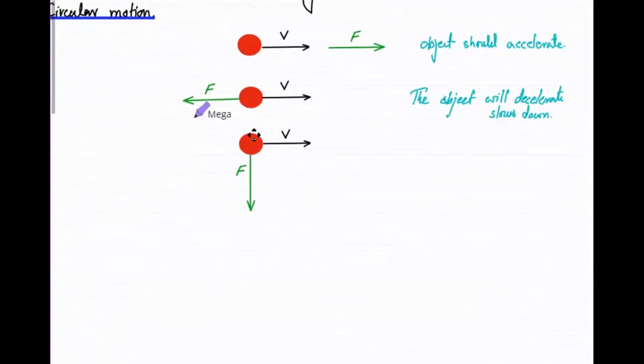This force will tend this object to move in a different direction, because this force is not speeding up or slowing down, but still it is accelerating because it is a net force. So this object, instead of speeding up or slowing down, will change its course. And instead of going there, it will start moving in this direction.